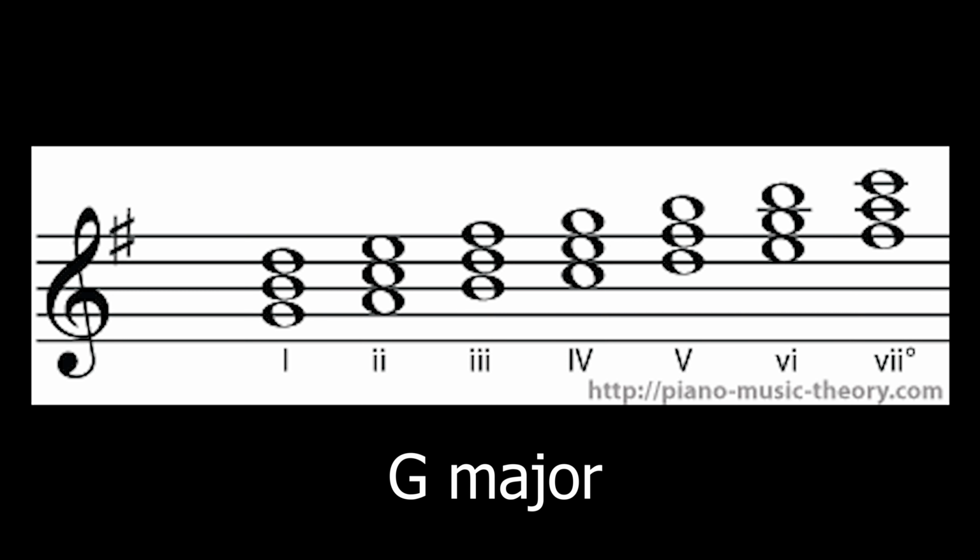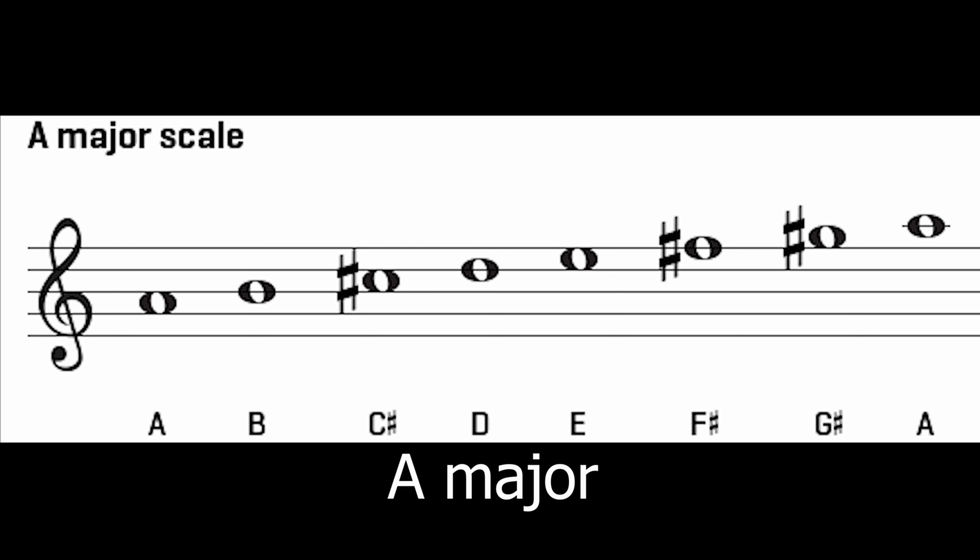In G major, I was tapping G, B, and D, so that would be a 1, 3, and a 5. And in A major, I was doing the same thing, the 1, the 3, and the 5. It works like magic, just like that.